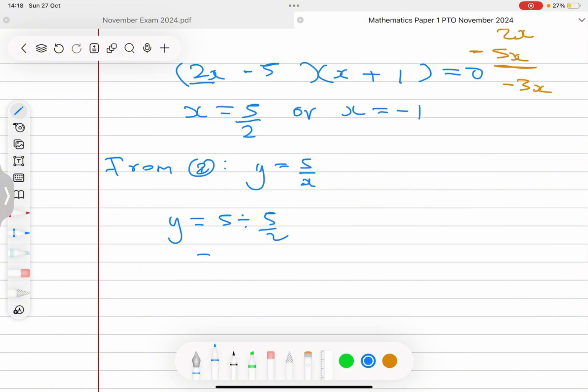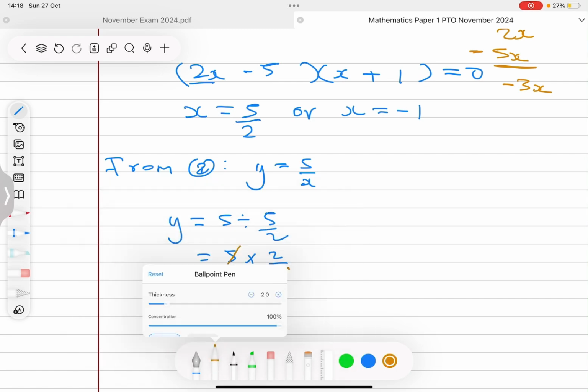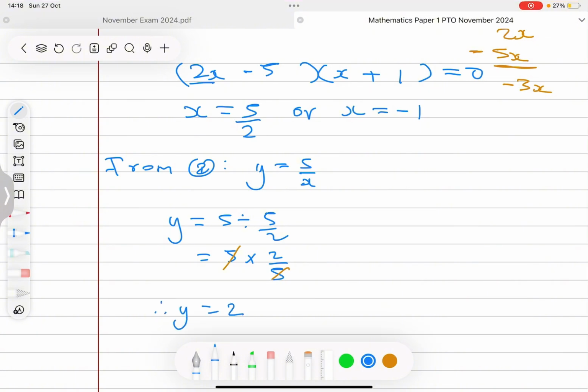So now this means I'll have a 5 times 2 over 5. Remember that when you're dealing with fractions, if you want to solve this, you'll have to turn this to a multiplication, and then that means you have to then invert the 2, right? So that now you can see that the 5 and the 5 cancel each other. Then we are left with y being equals to 2.